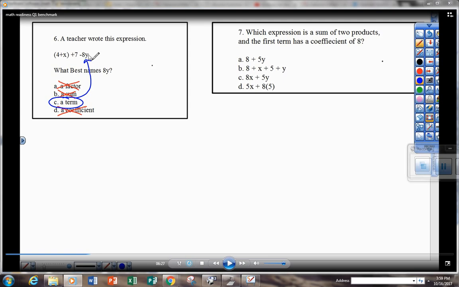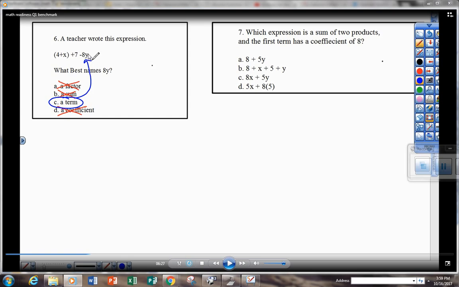That negative 8y piece all together is a term. It is made up of a product of negative 8 times y. So again, what this question is asking for, it's not a factor, it's not a sum, I'm not adding right there, it's not a coefficient, it's not a number in front of a variable, that is a term.